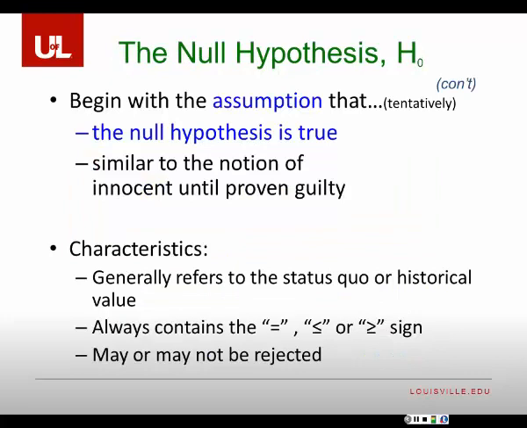Right, so we begin with the assumption that the null hypothesis is true. That is the assumption. You're saying that this claim is true. Can we provide evidence against it? Now this is important. I want you to think of these steps as if you're in a trial. When you're in a trial and you have a guilty or not guilty plea, are we ever really saying that you're innocent?